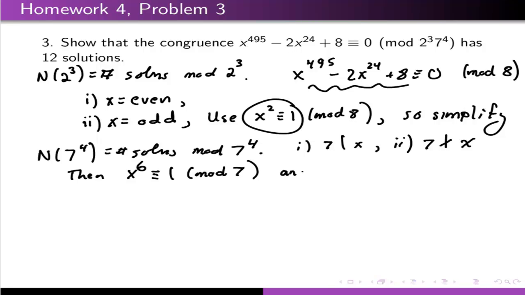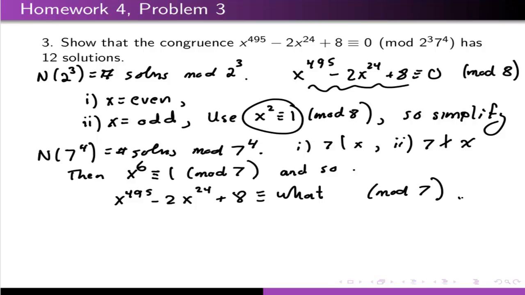And so this congruence greatly simplifies when we're looking at it mod 7 equals what? Mod 7. So on this problem, we're going to do the lifting process.